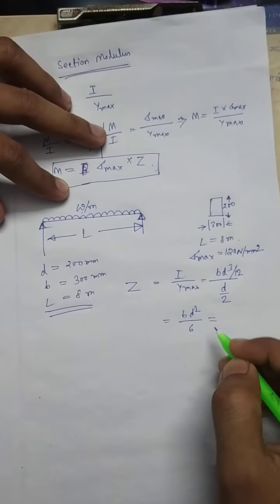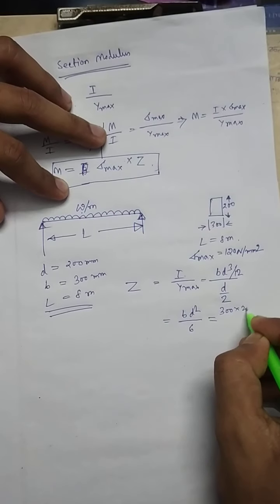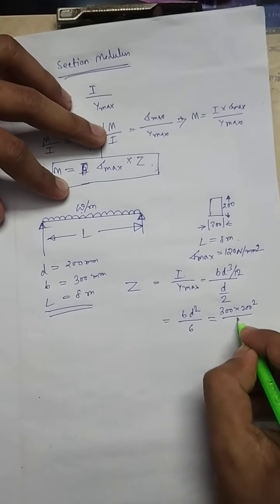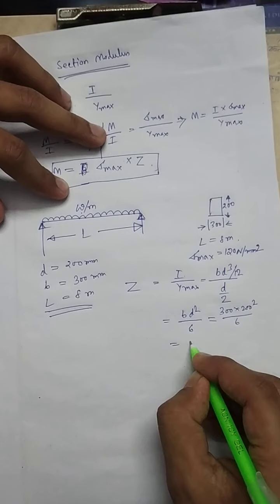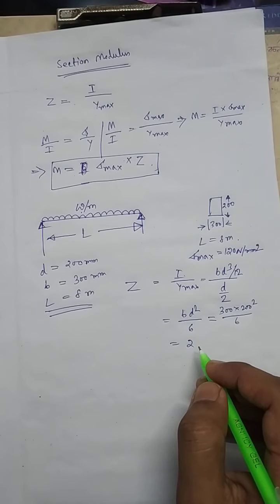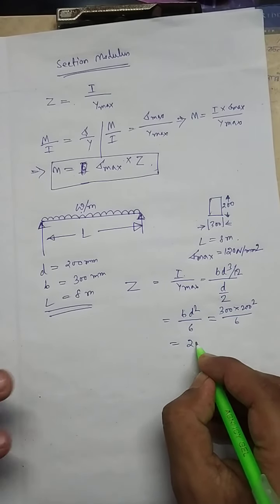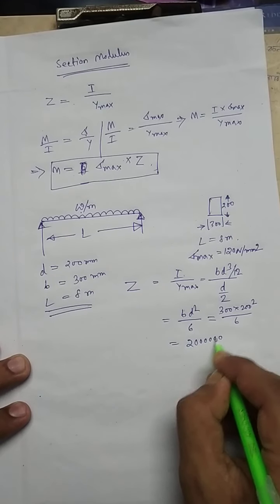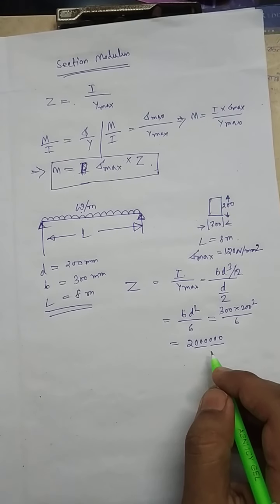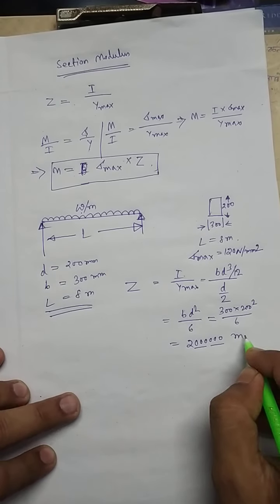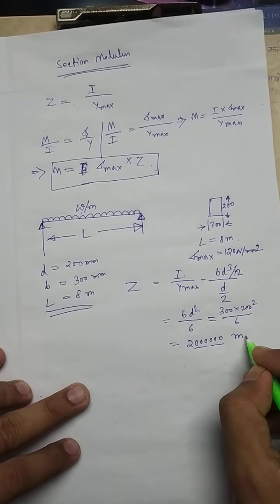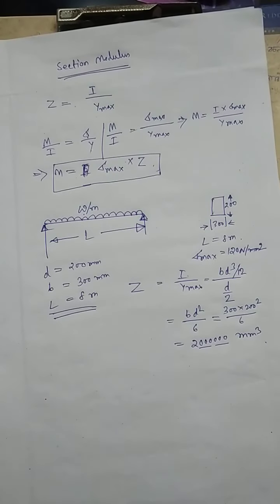So putting those values, 300 into 200 square by 6, we will get 2 into 10 to the power 6 millimeter cube.